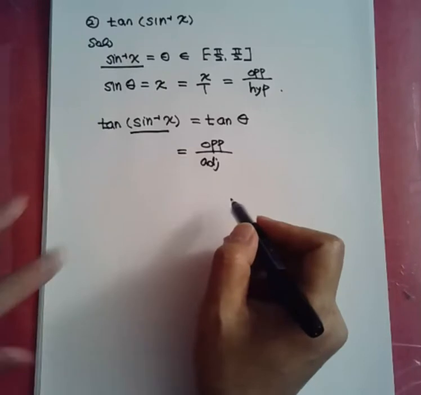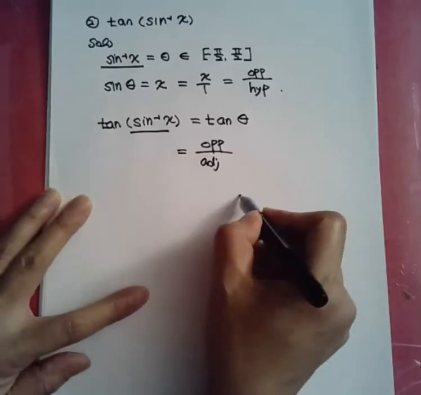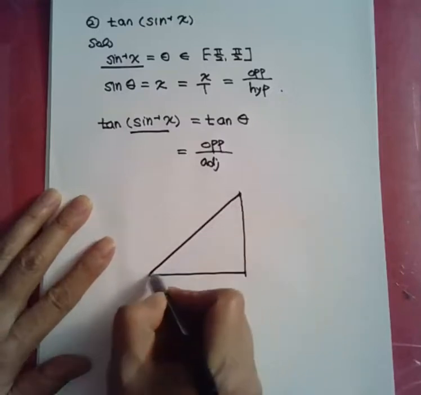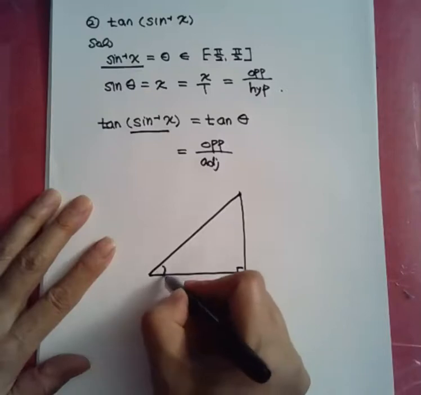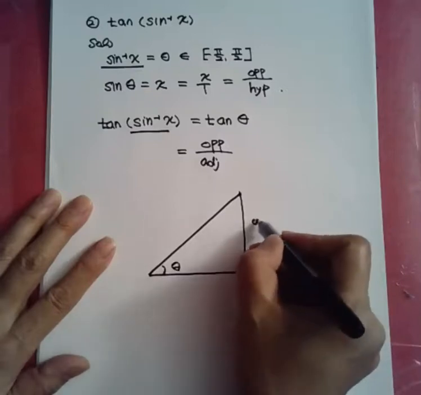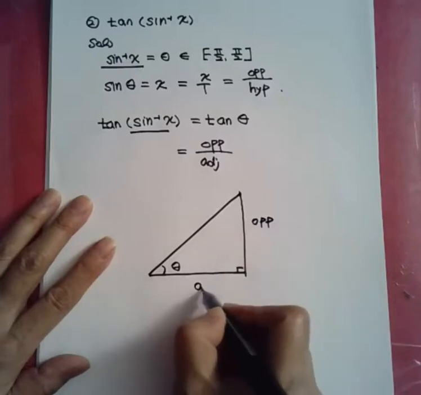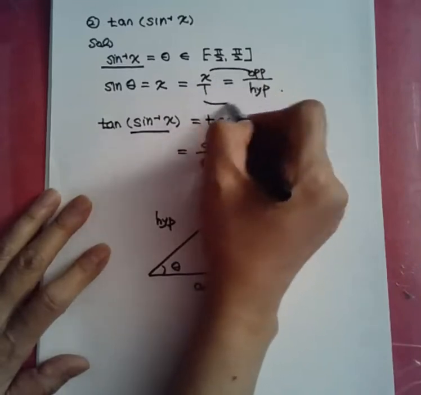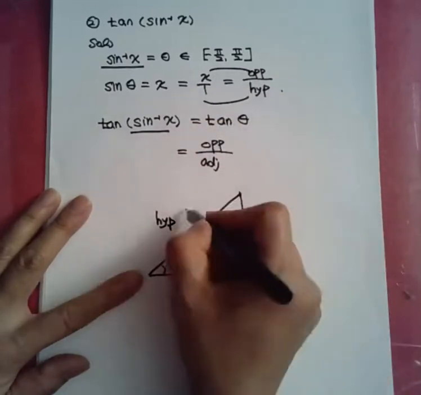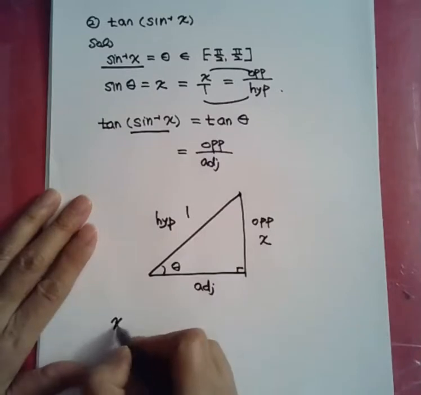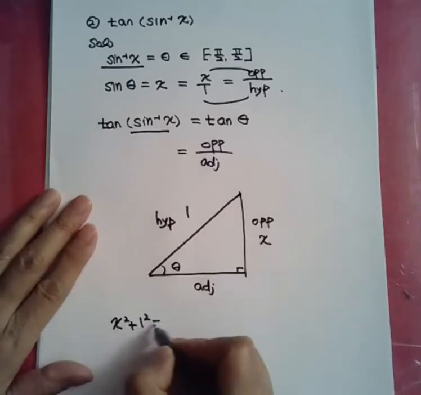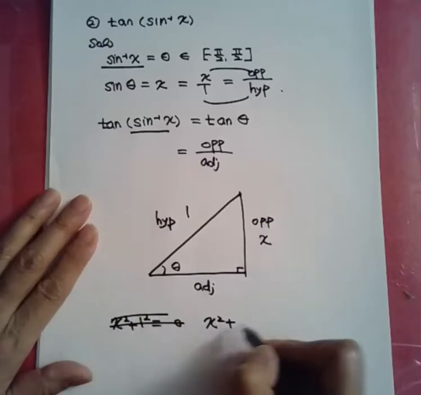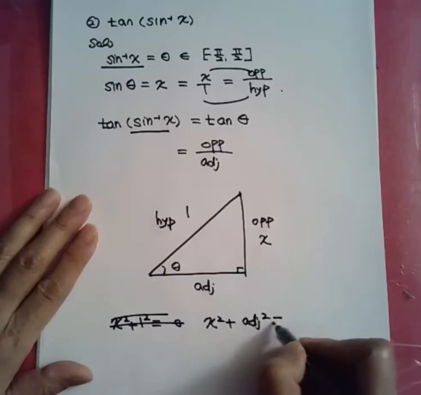We already know the opposite, but we don't know the adjacent, so we have to draw the triangle. This is theta, this is opposite, this is adjacent, this is hypotenuse. By looking at this, opposite is x and hypotenuse is 1. We know that x squared plus adjacent squared equals 1 squared.